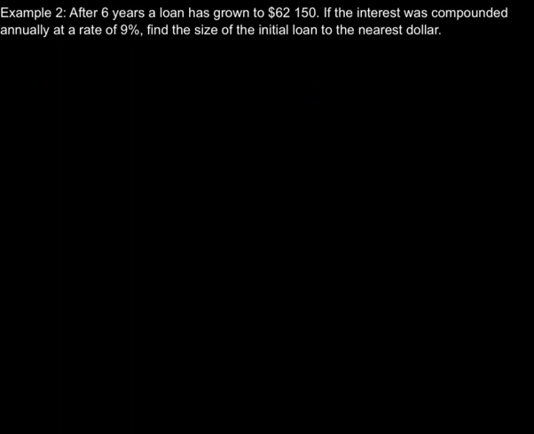After 6 years, the loan has grown to $62,150. If the interest was compounded annually at a rate of 9%, find the size of the initial loan to the nearest dollar. Okay, so we know that final amount equals principal times 1 plus the rate to the power of the number of terms.